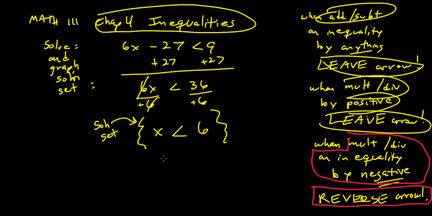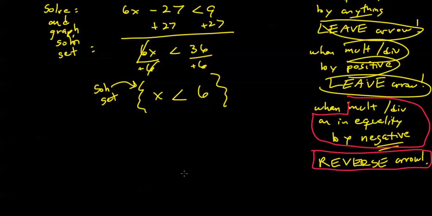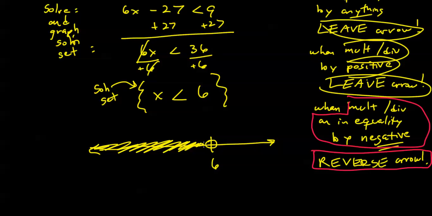Now please notice, this is going to be an infinitely many number of values in my solution set. When we were solving equalities, we only had one solution. Here I've got infinitely many solutions. Less than 6 means left of 6 on the number line. So I'll draw an open circle at 6 and shade in everything left of positive 6.